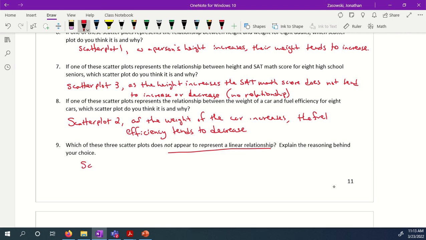And we would say scatter plot 3. Okay? We would say since the points do not tend to increase or decrease.